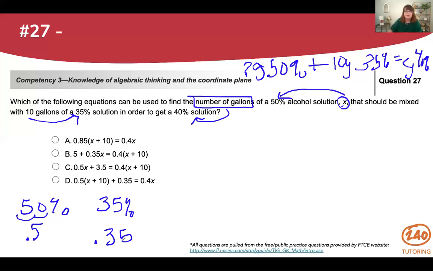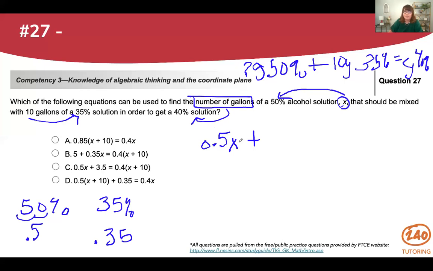Okay? Now I'm going to try to set this up as an equation or an expression. Okay, so I'm going to be looking at, I have 50%, which is 0.5, but I don't know how many gallons that is. They told us it was X. Okay, and I'm mixing that, so I'm going to put an addition sign in between there, with 35% of 10 gallons.